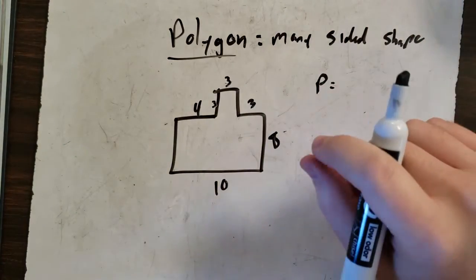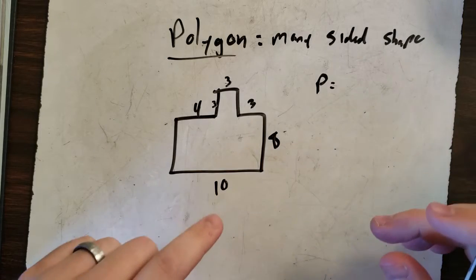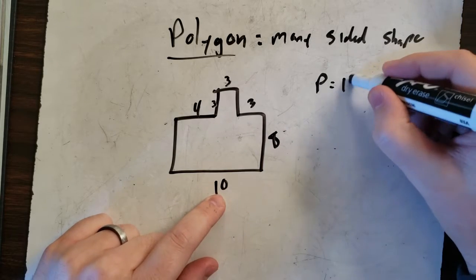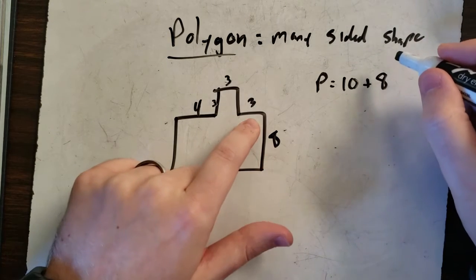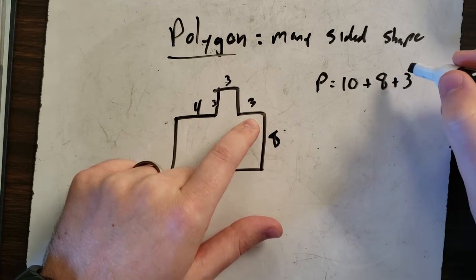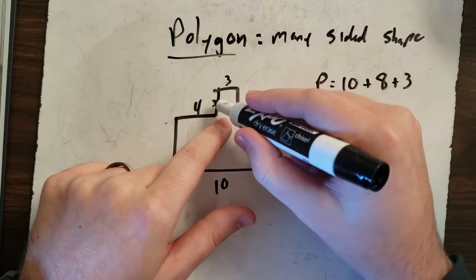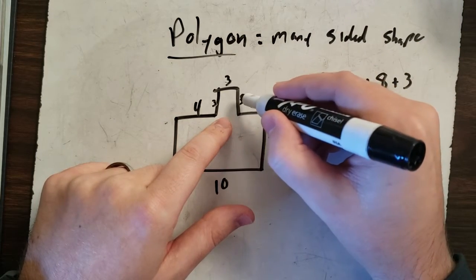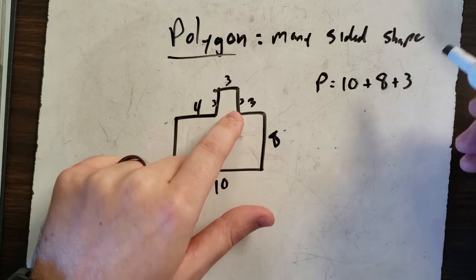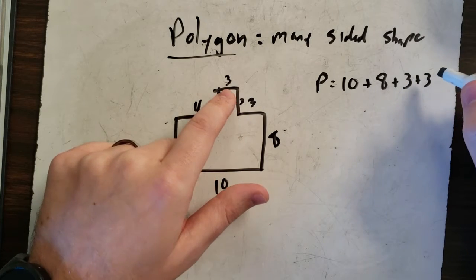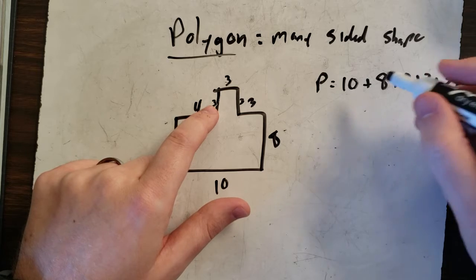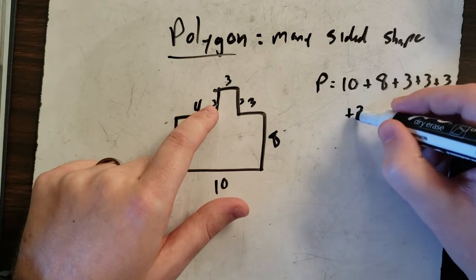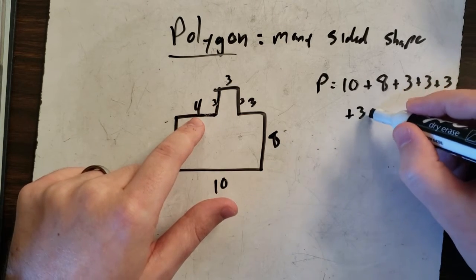That's all we're doing. So what sides do we have? Well, we have this side here, 10 plus 8 plus 3. Now look, let's just say this is a 3 as well. Plus 3 plus 3 plus 3 plus 4.